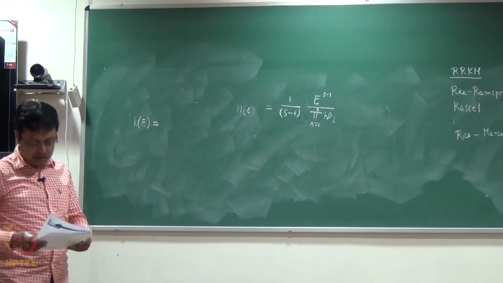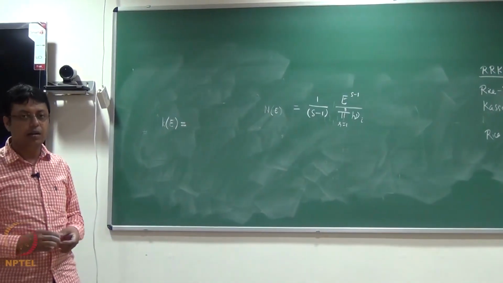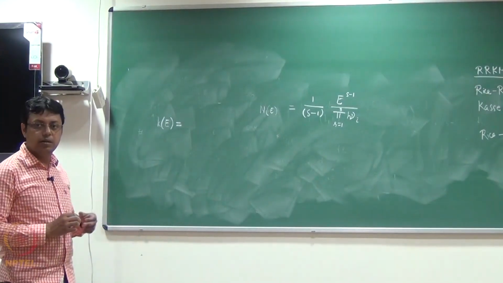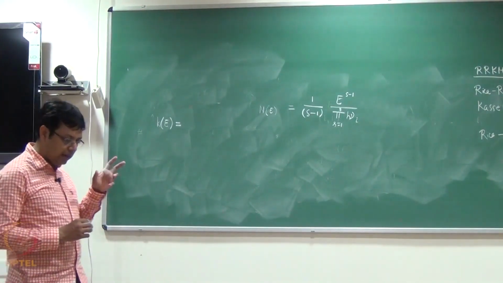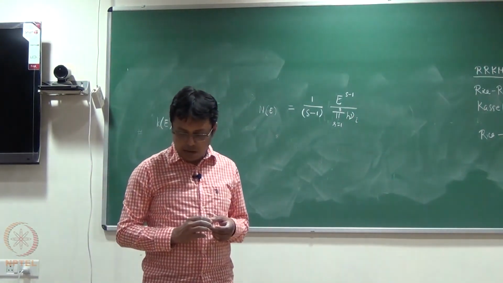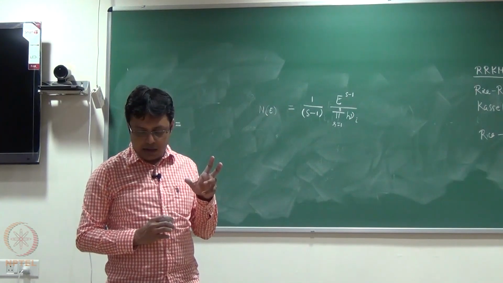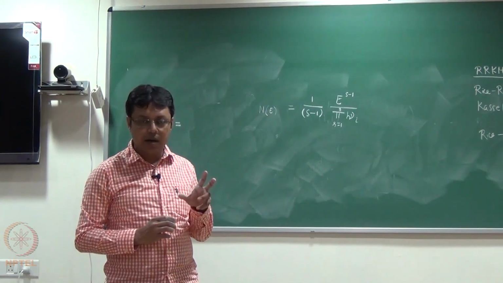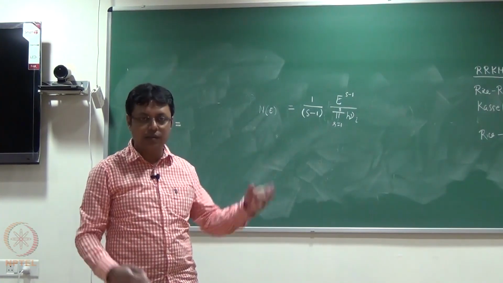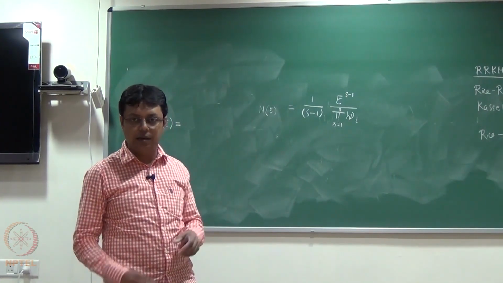Now, this is one thing. If you remember the rate constant which we did in the bimolecular reaction, we were considering that we have some number of states divided by the total number of states, because that's how we calculated it, dn star by n, something like that.